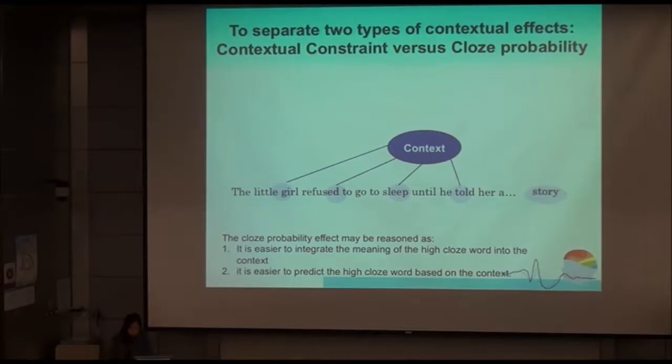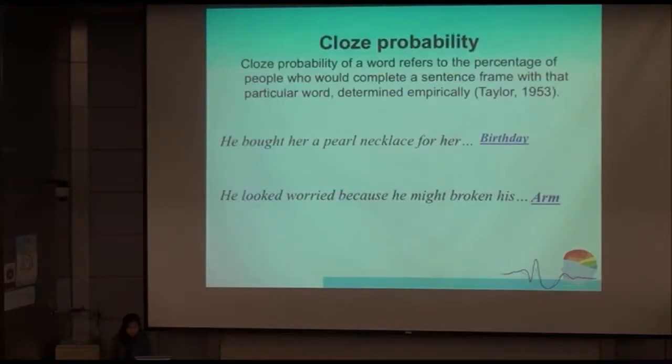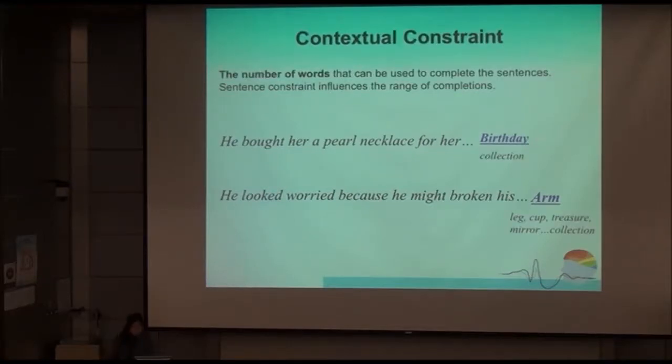So here I want to add one more parameter, which is contextual constraint. You know the Cloze probability already, which means the percentage of people who use a word to complete the sentence frame. But contextual constraint means the number of words that can be used to complete the sentence frame.